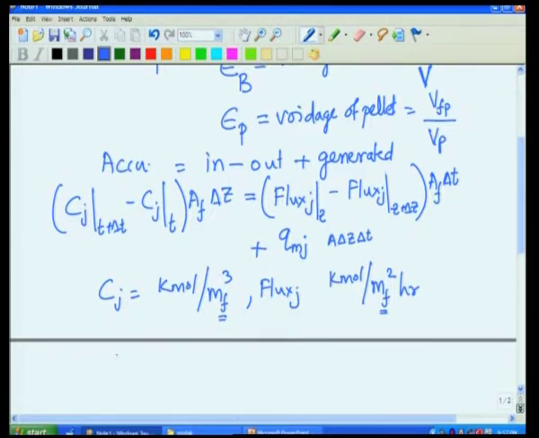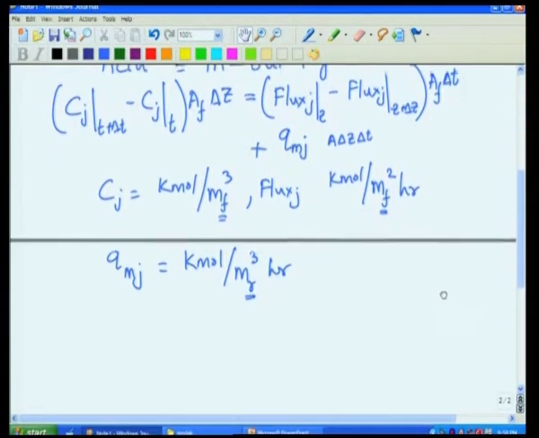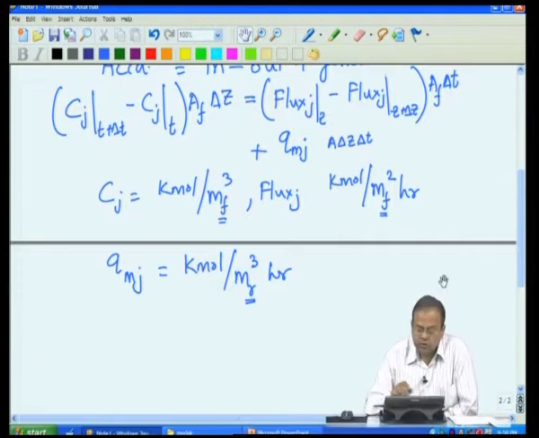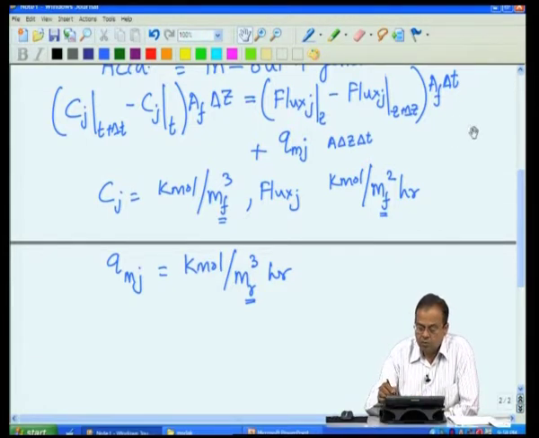The reason why we choose this will become clear. Qmj we are going to call kilomole per reactor volume per hour, so this is per reactor volume, and we multiplied it by the reactor volume A delta Z in our mass balance equation. Okay, so this is my mass balance equation.